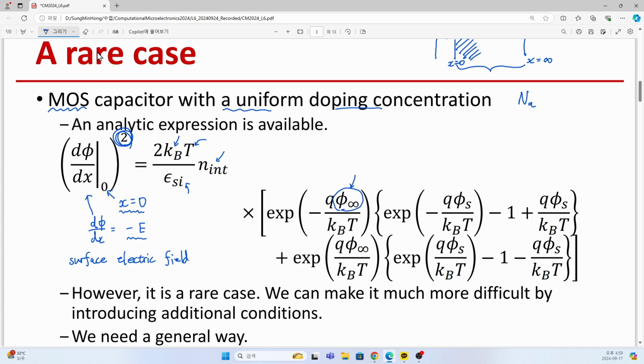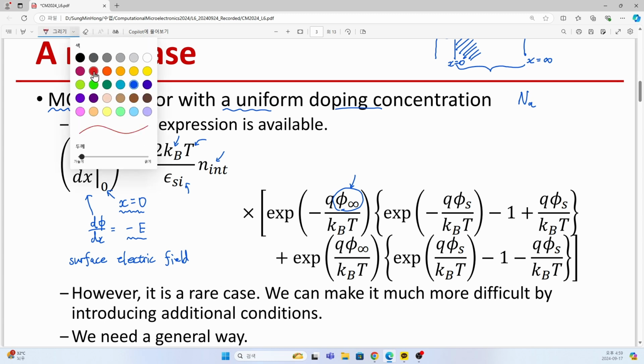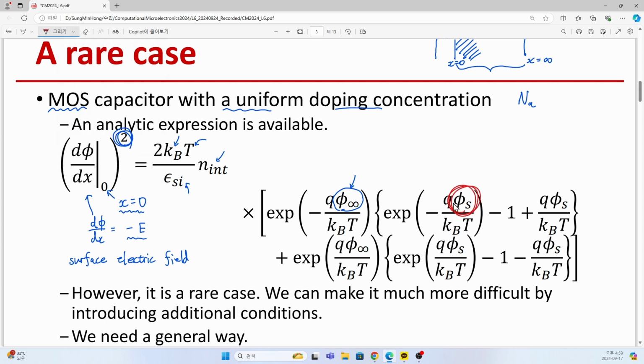The only thing we wanted to know in this case was the surface potential, not the surface field. It means that once we know the surface potential, we can calculate the surface electric field.